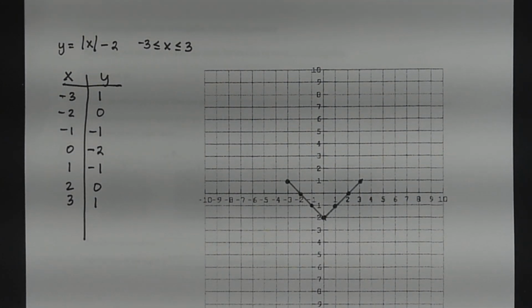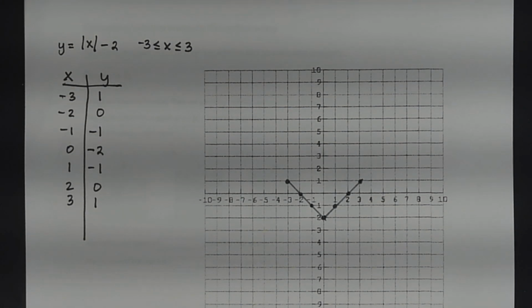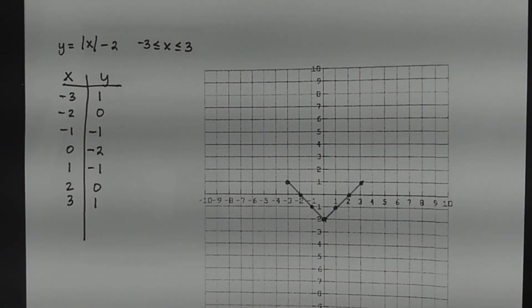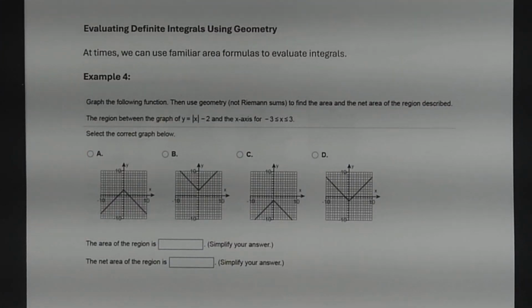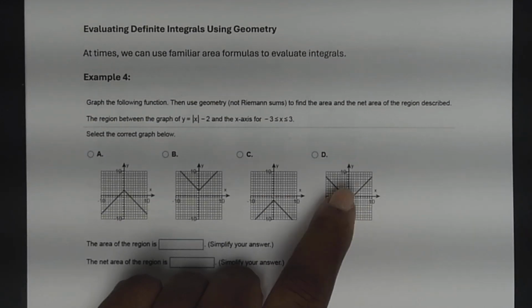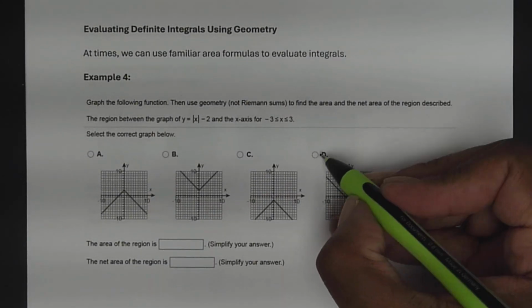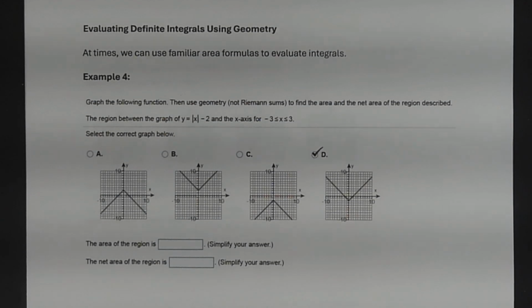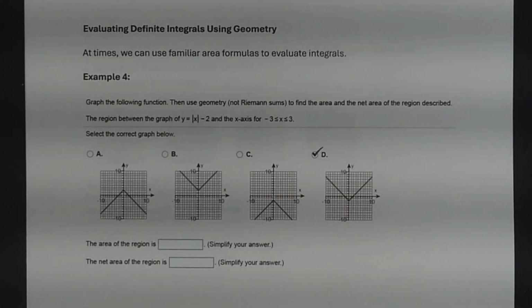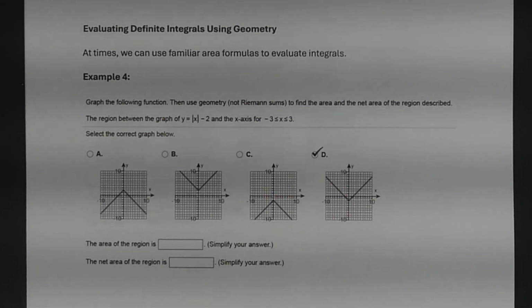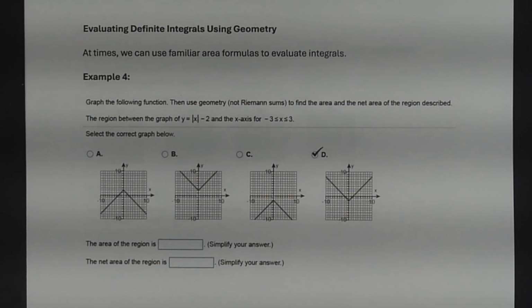But in this case here, if you were to look at this graph and the choices of graphs that they give you, this will have to be graph D. So graph D represents the graph of the function y is equal to the absolute value of x minus 2.